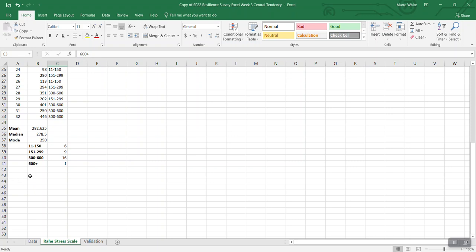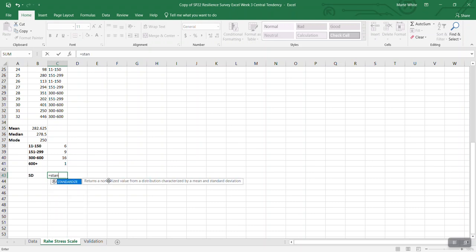So we're going to type in SD. And here we're going to go equals and start typing in standard. Actually, it's STD, and you will find STDEV.S.